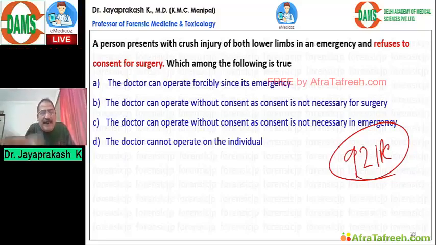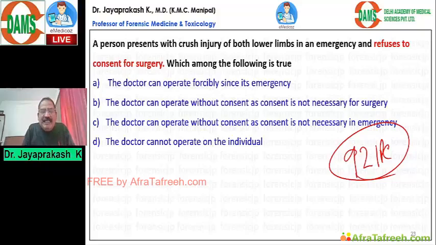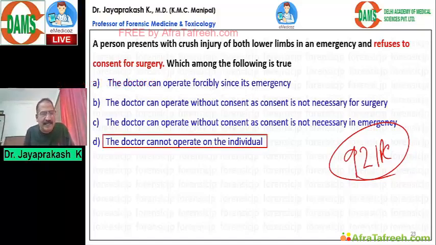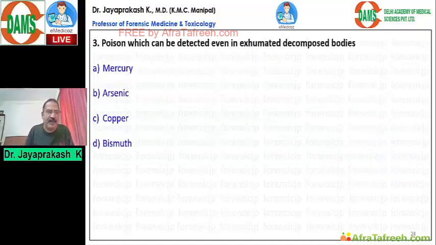Number 2, the person is intoxicated. Number 3, the person is mentally ill. Only in such cases, no need of consent in case of emergency. But here, the patient is conscious and refuses surgery. That means the doctor cannot operate on the individual.